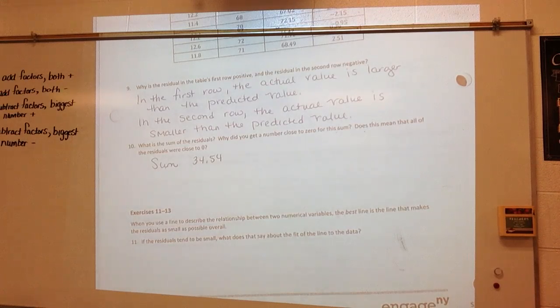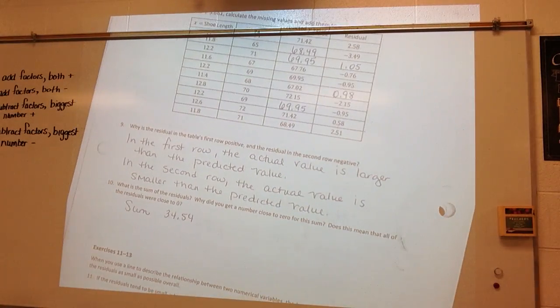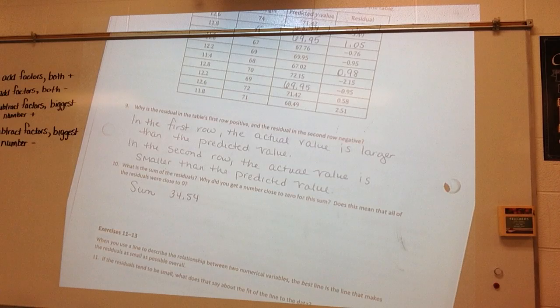Alright, so let's look at it. What do we have? When you use a line to describe the relationship between two numerical variables, the best line is the line that makes the residuals as small as possible overall.